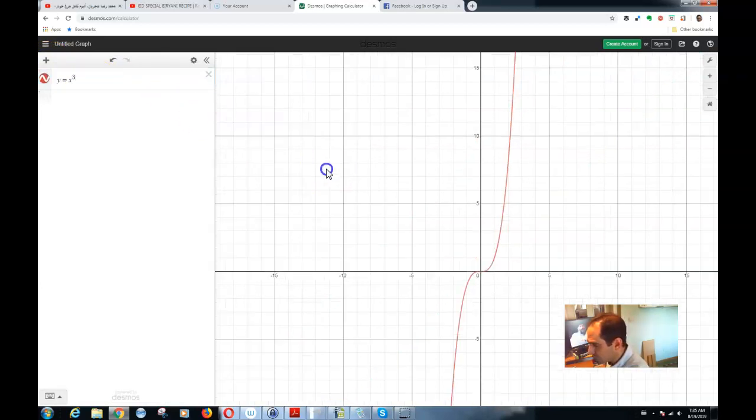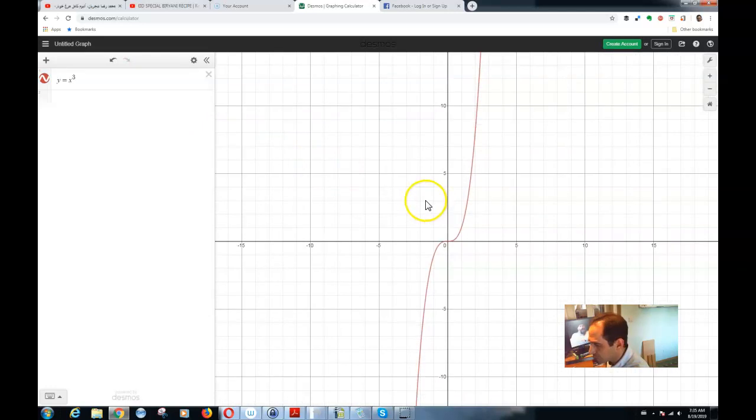So this would be the graph of the function f of x is equal to x cubed. Now, what happens here is that this seems to be a curved line, right? This graph over here seems to be a curved line. But in reality, this curved line is very, very tiny bits and pieces of straight line segments put together.